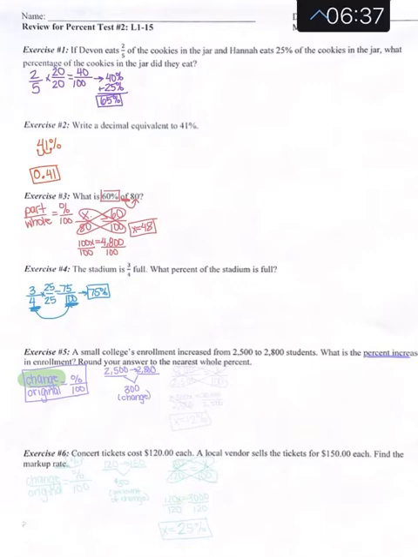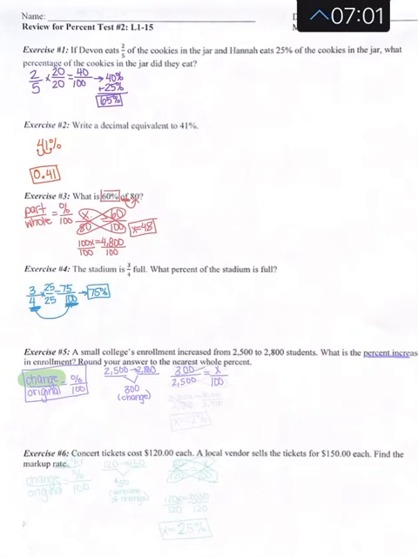So that's going to be the top part of our proportion. The change is 300 over the original. The original amount of the small college's enrollment, it went from 2,500 to 2,800. That means it started at 2,500. So that's our original. Equals X, we're looking for that percent, over 100.